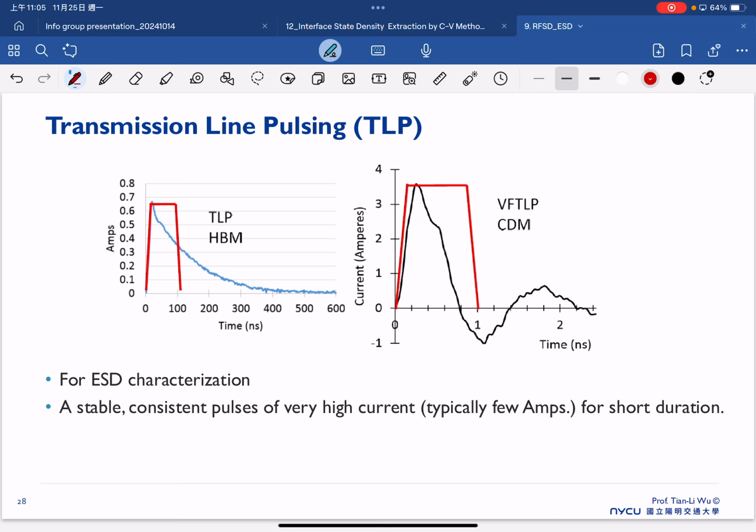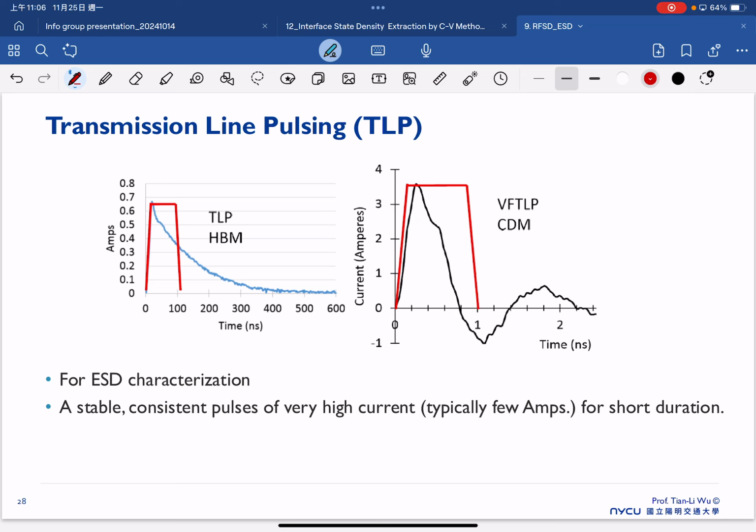It's not easy to use those testers, especially on on-wafer devices. For packaged devices, you can use those ESD testers to test pin-to-pin. But if you try to understand the on-wafer ESD capability, it's not possible to use those ESD testers. So that's why we came up with transmission line pulsing.